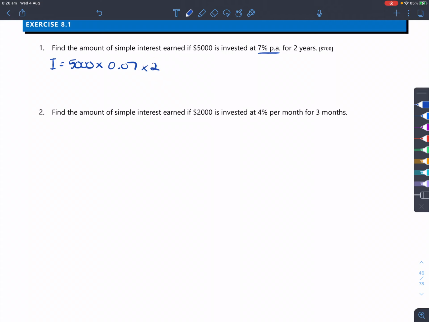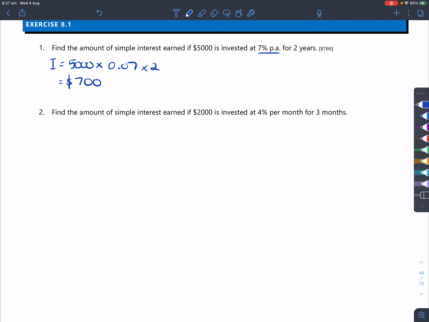Then times it by 2 years. If I do that on the calculator, I'll get $700. Just a reminder that this means I'll get $700 as interest altogether over the 2 years.